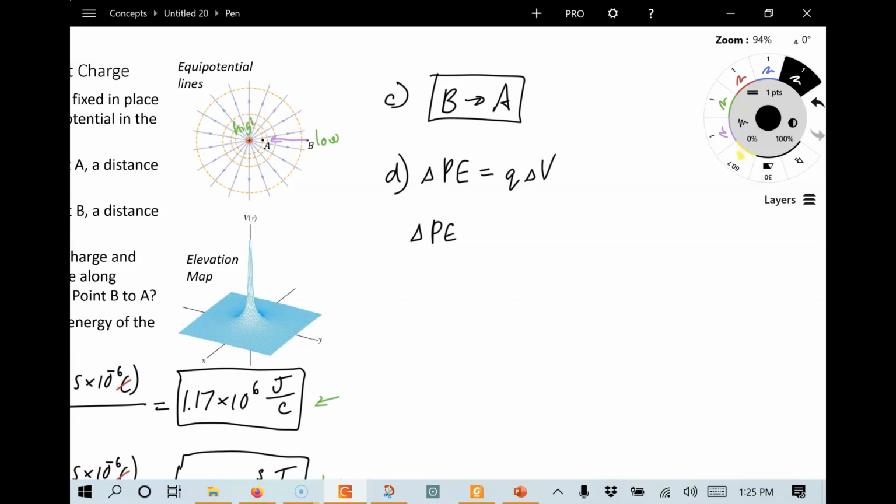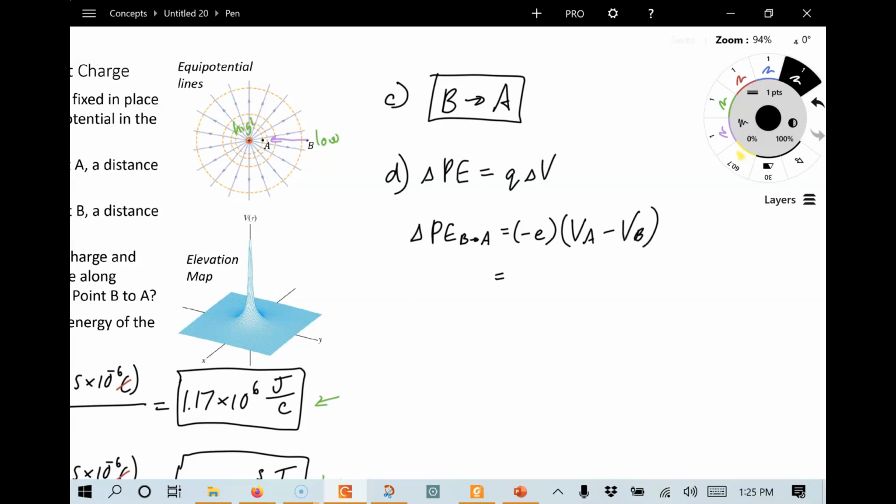So delta PE, let's say we move from B to A, as we just said. Then I'm going to be looking at the electron charge, minus e, right? That's what the electron is. And for delta V, I'm going to use the final position, VA, minus the initial position, VB, right?